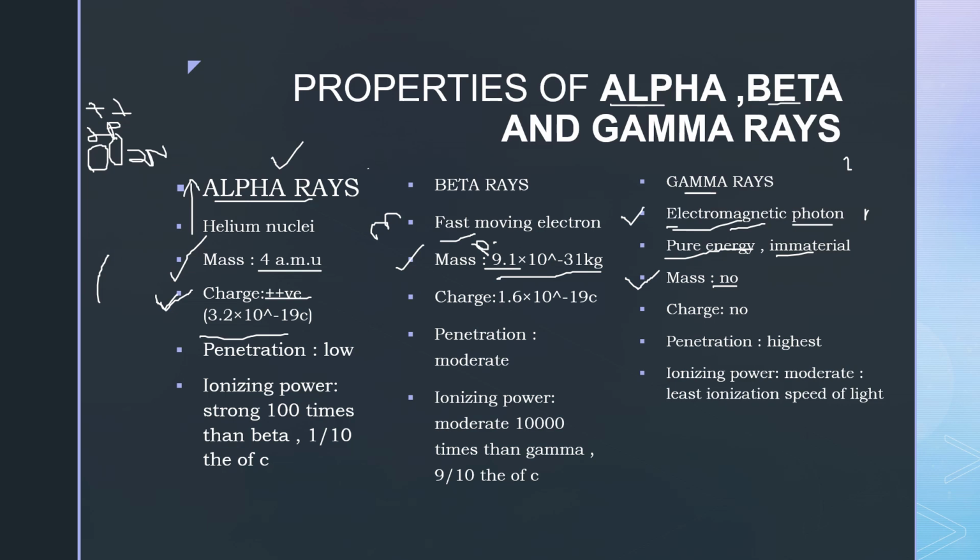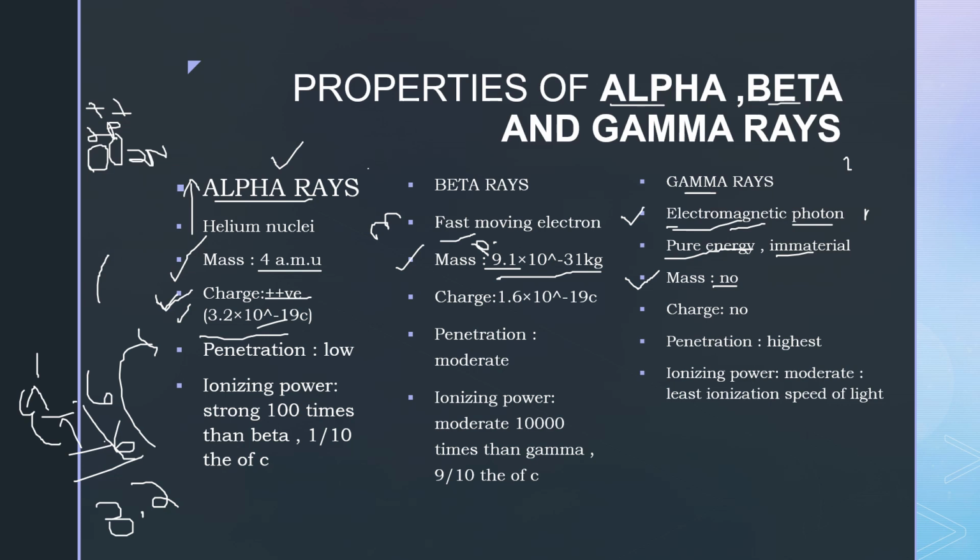The value of the charge here is 3.2 times 10 raised to power minus 19. We know that the actual charge value is 1.6 times 10 raised to power minus 19, so let's add it. 1.6, 6 and 6, 12. Now 1 and 1, it becomes 3. This point would also be here. That's why it becomes 3.2 times 10 raised to power minus 19.